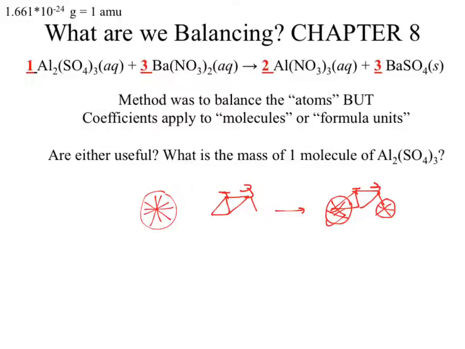So we now have effectively a chemical formula for building a bicycle. Let's assume our wheel's good enough. If I look at this formula, that frame is actually pretty solid.